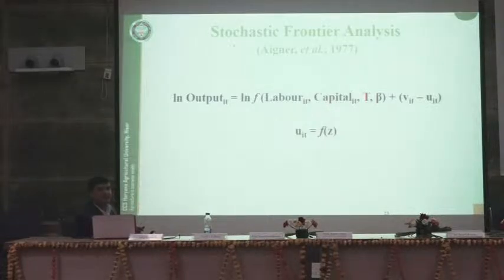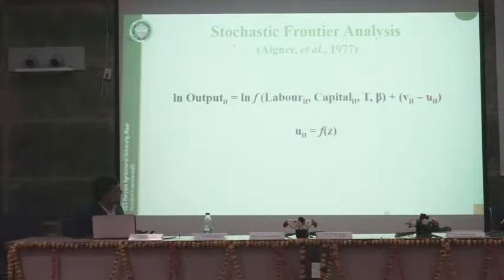This T is the time variable, and this theta is the coefficient of the input variable, so you can say the elasticity of the output variable. And this term V is the random error term, or you can say residuals, or white noise. And this mu is the inefficiency term.